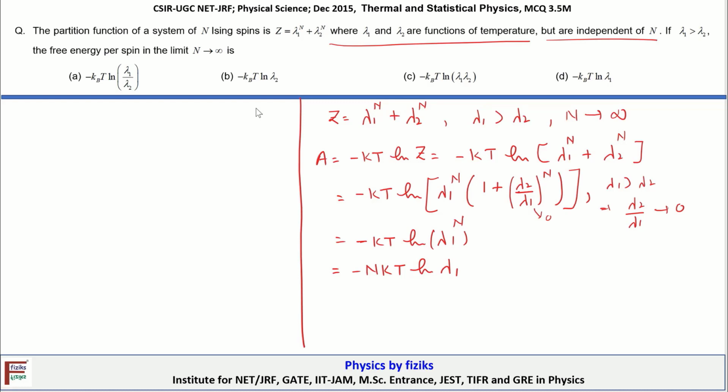So that's the Helmholtz free energy. Therefore the free energy per spin, A divided by N, is equal to minus kT ln lambda 1. So D is the correct option here.